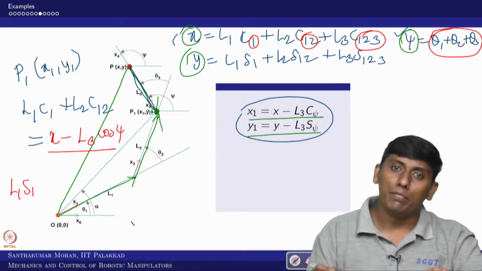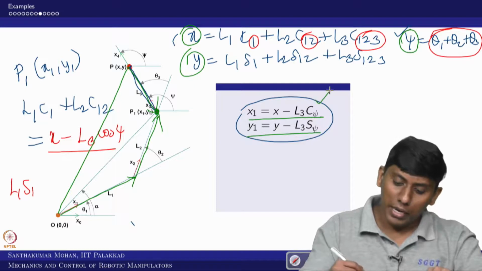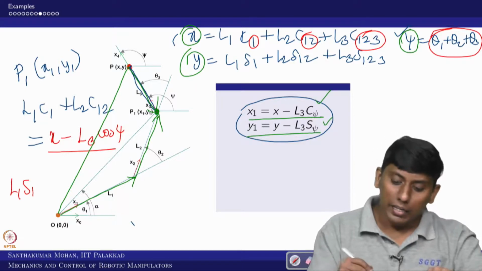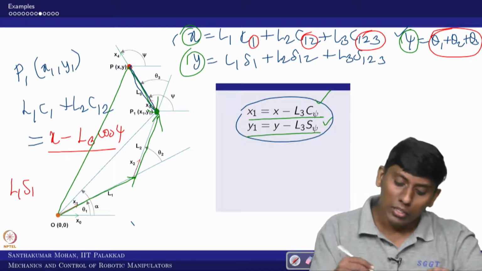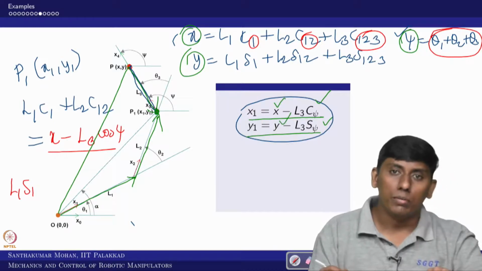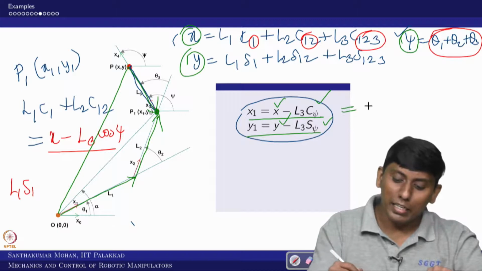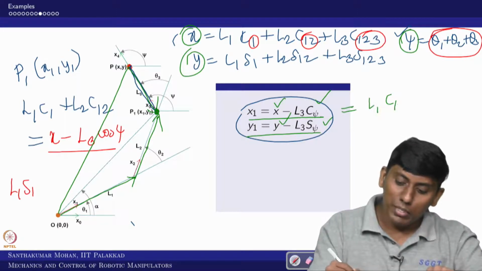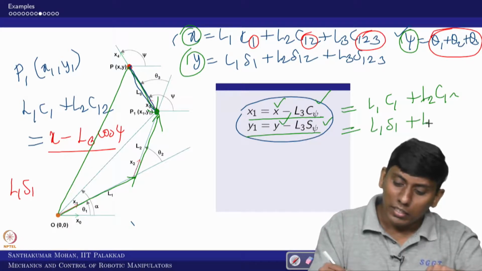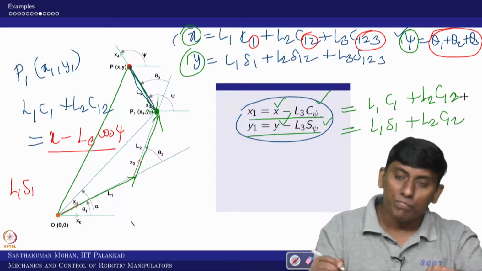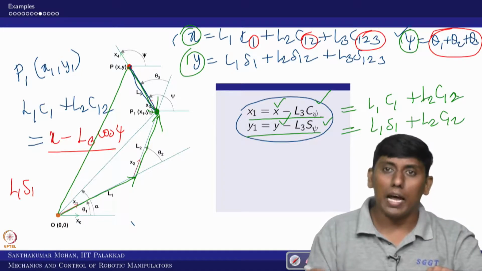Now what benefit do I get? C psi and S psi are known, L1, L2, L3 are geometric parameters which are already known, and x, y are known. So I can equate L1 C1 plus L2 C12 to this, and L1 S1 plus L2 S12 to that. What I can do is square and add.